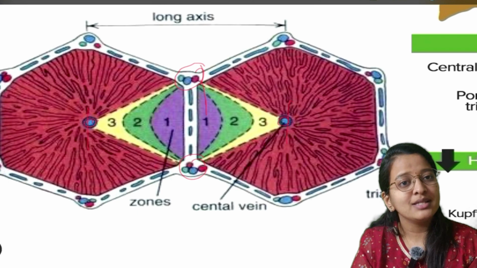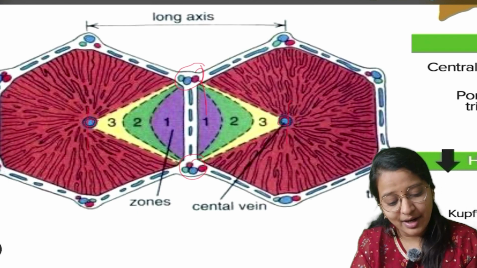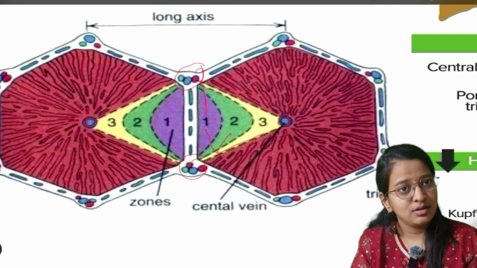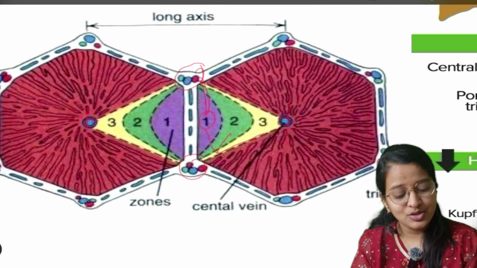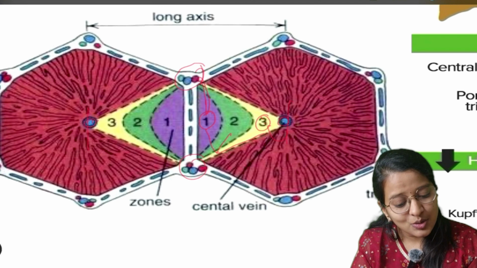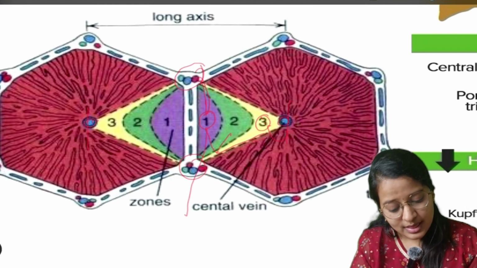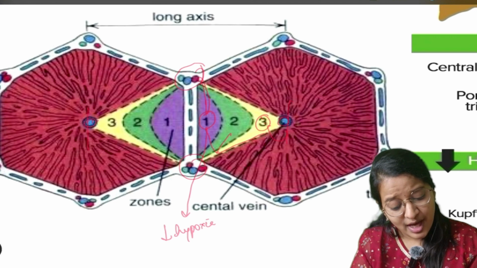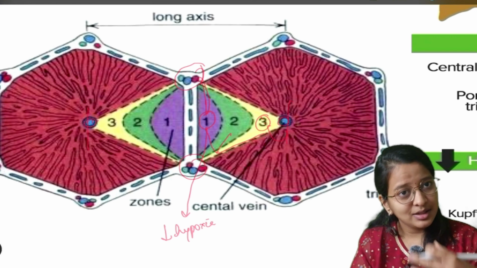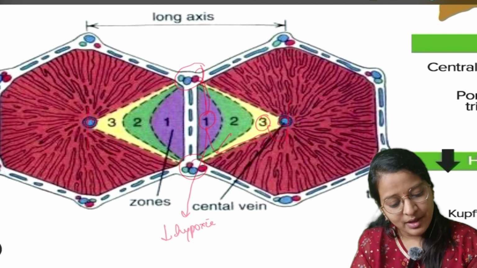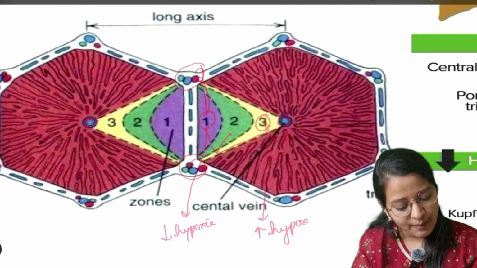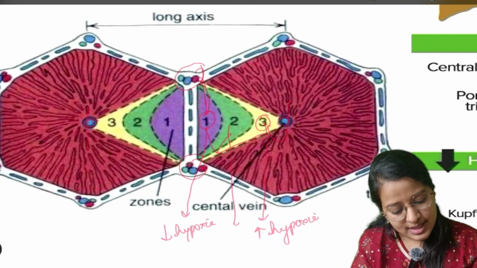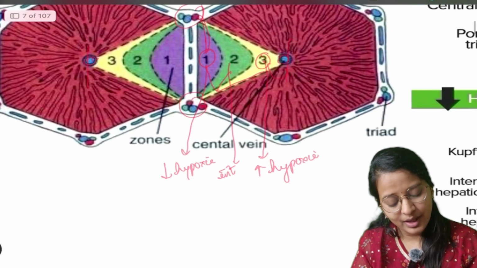And this place is again divided into 3 zones. Zone 1 is near your hepatic artery branch and zone 3 is near the central vein. Zone 1 is less prone to hypoxia because of the artery supply. It is near the oxygenated supply, whereas zone 3 is more prone to hypoxia. Zone 2 is intermediate.